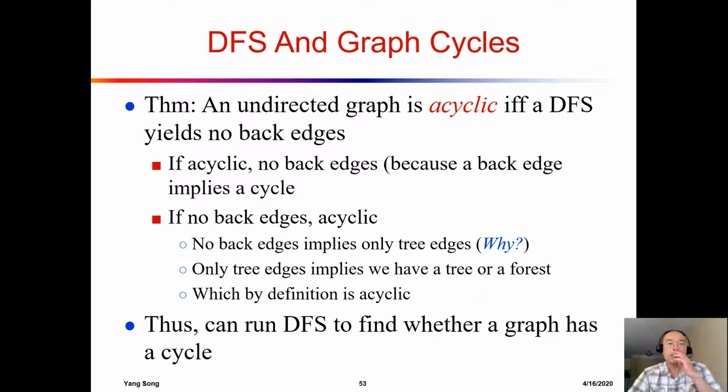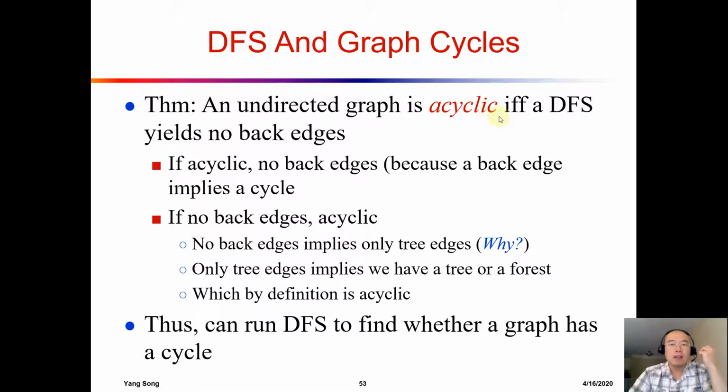Okay, and another definition is for an undirected graph, we call that acyclic if a DFS uses no black edges. So acyclic means this graph has no cycles at all.